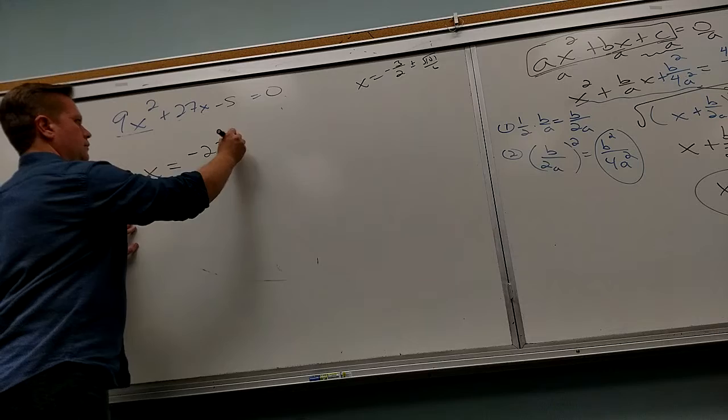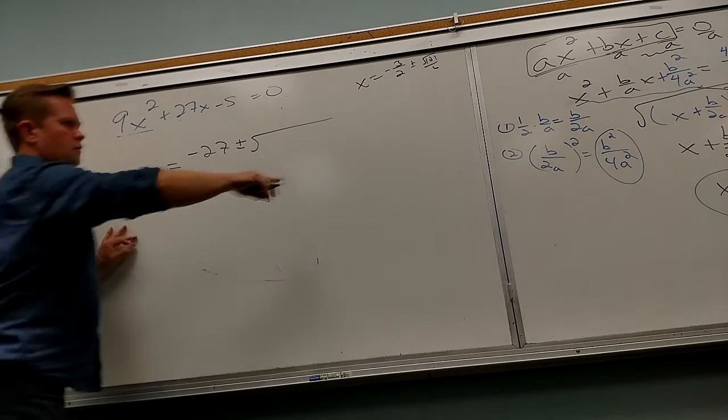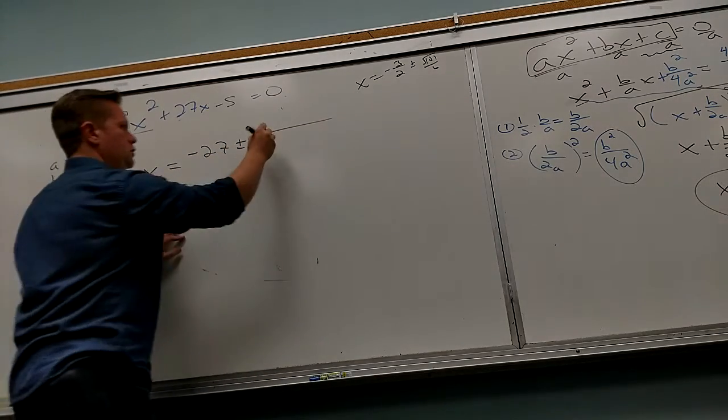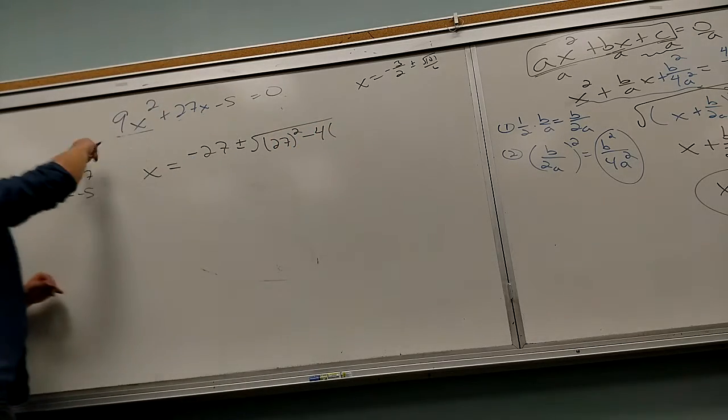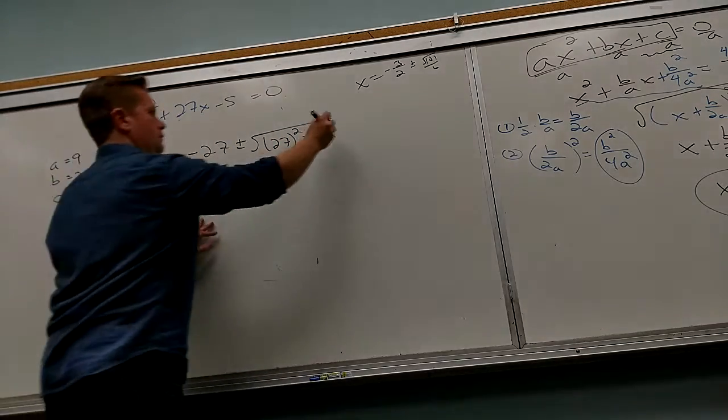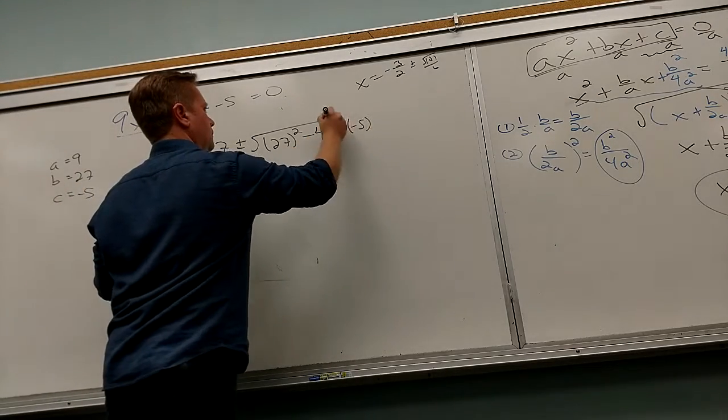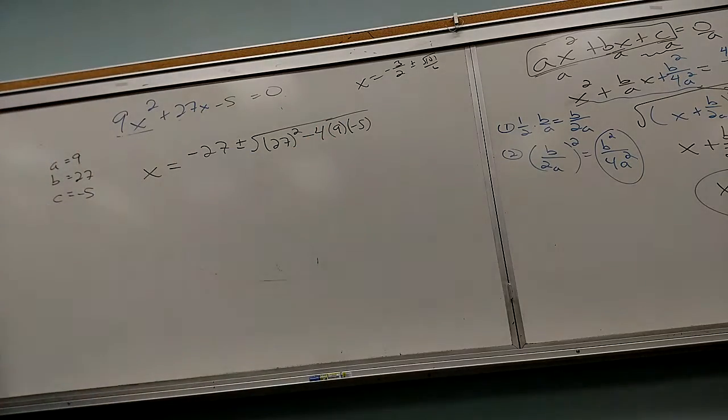Plus or minus the square root of b squared minus 4 times a times c.